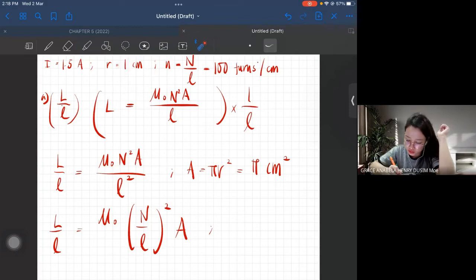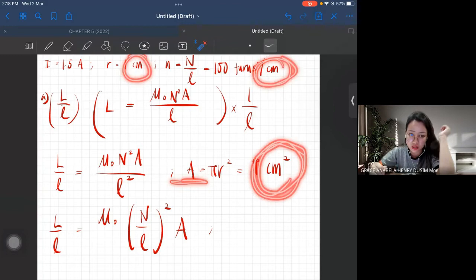Don't convert this into meter and then use the other in centimeter, or your answer will be wrong. If the number of turns per length is in centimeter, your radius or your area needs to be in centimeter.